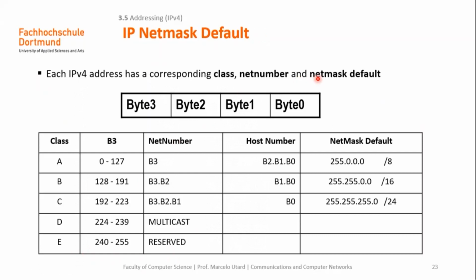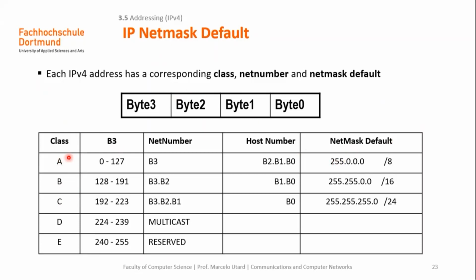Well, then now we need to talk about another concept, that is the default net mask associated with each class of address. When we assign the net mask to each IP address, if we don't implement any kind of subnetting, in fact, we need to assign the default net mask associated with the class of the address of the interface.